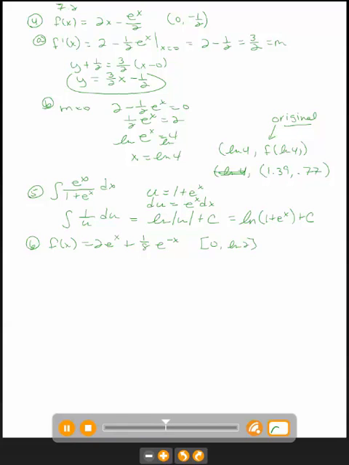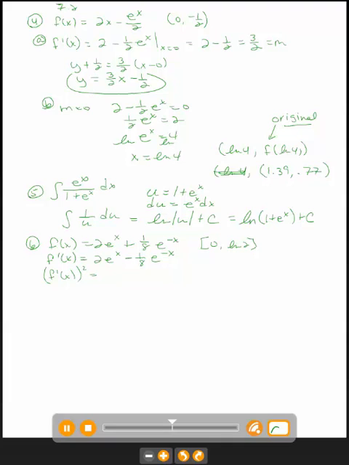So the first thing I'm going to do is get the derivative. The derivative of 2e to the x is 2e to the x. The derivative of 1/8 e to the negative x would be negative 1/8 e to the negative x, because the derivative of negative x is a negative 1. And then I'm supposed to square this to put it in the formula.